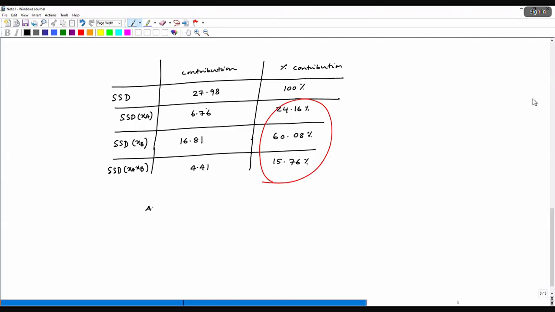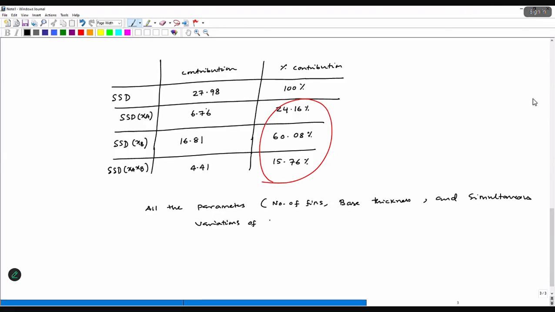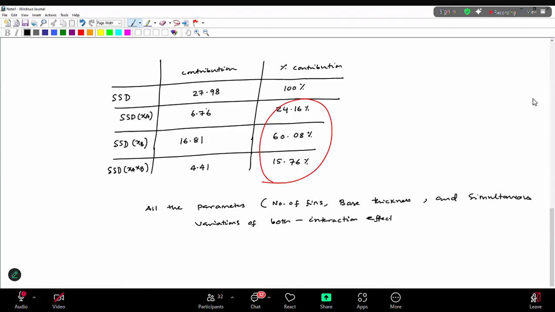Okay, so all the parameters, that is the number of fins, its thickness, and simultaneous variation of both number of fins and base thickness, that talks about the interaction effect, are important.